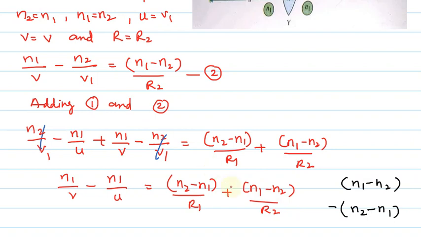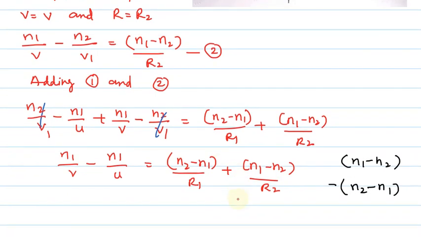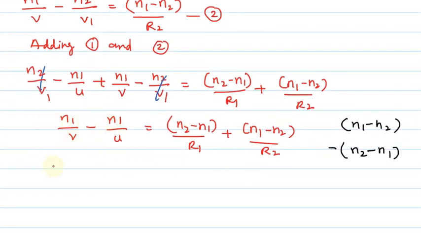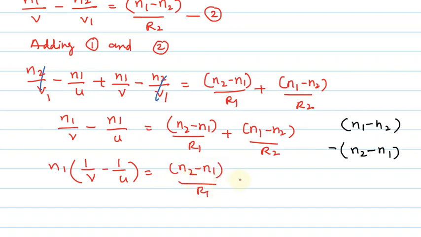Then the relation becomes, here we can take N1 common. N1 of 1 by V minus 1 by U is equal to N2 minus N1 upon R1, and here, minus into minus gives plus, so minus N2 minus N1 upon R2.